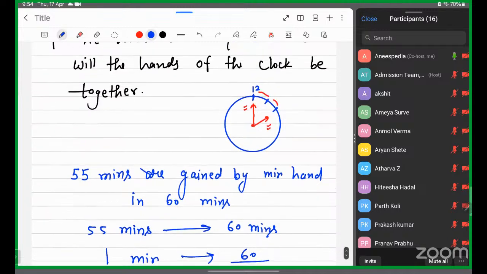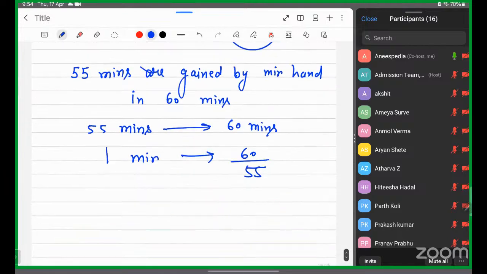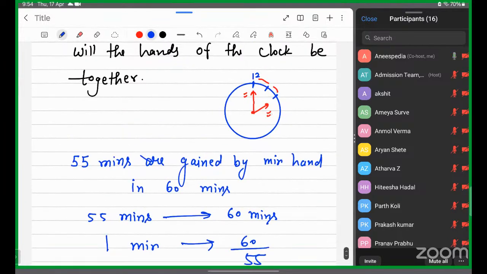And if we want to gain 10 minutes, because at 3 o'clock this will be somewhere here, so minute hand has to travel in such a way that when it goes from 2 to 3, it will come together with it.